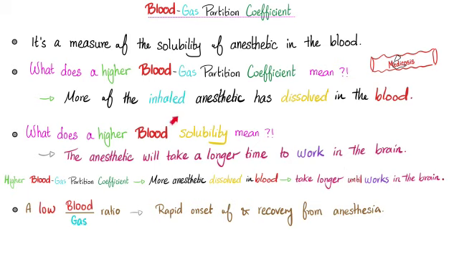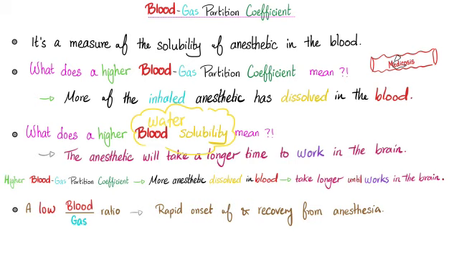You know why? Because blood is what? Blood is made of plasma, and plasma is basically water. If something is very soluble in blood, it means it is water soluble. And of course, your blood-brain barrier is a membrane made of lipid. So if you are water soluble, you are less lipid soluble. If you are dissolving in blood like a charm, you will have a hard time reaching the brain because there are no solutions in life.